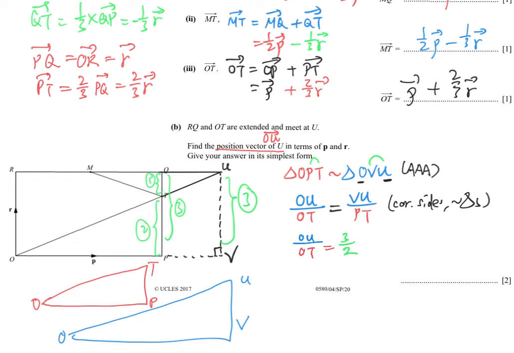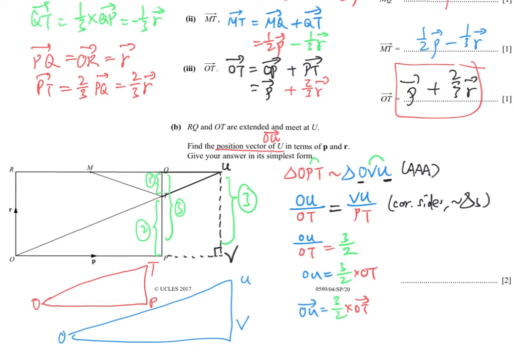We put the OT on the right hand side, so we get OU is equal to 3 over 2 times OT. So the vector OU is also equal to 3 over 2 times the vector OT. And the vector OT we already have from part A, so you can just put this in.